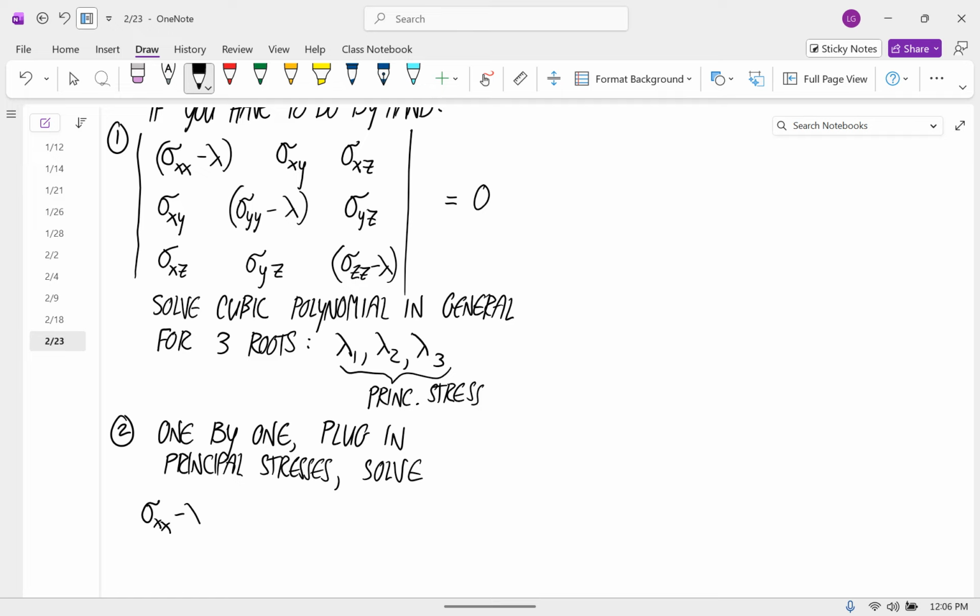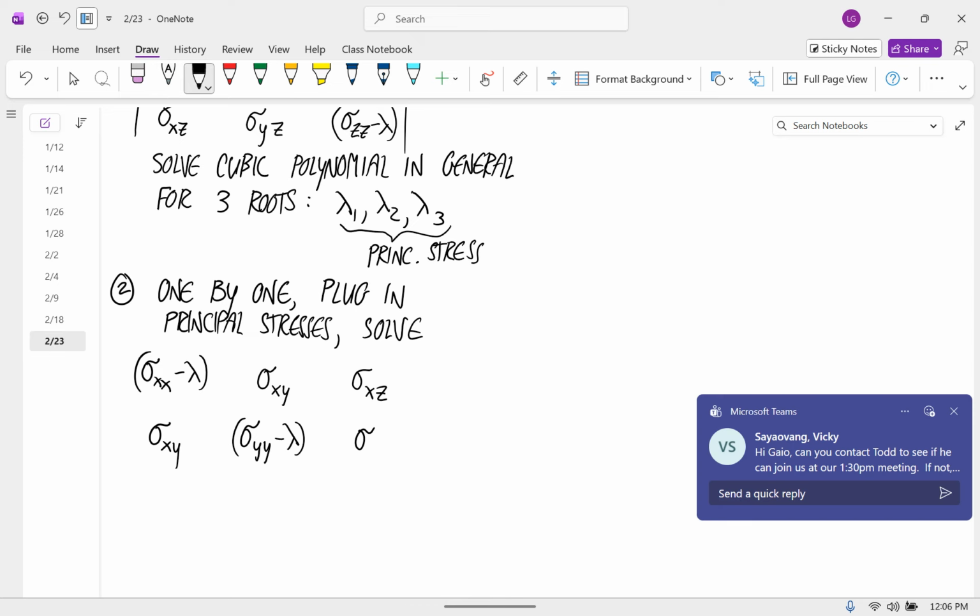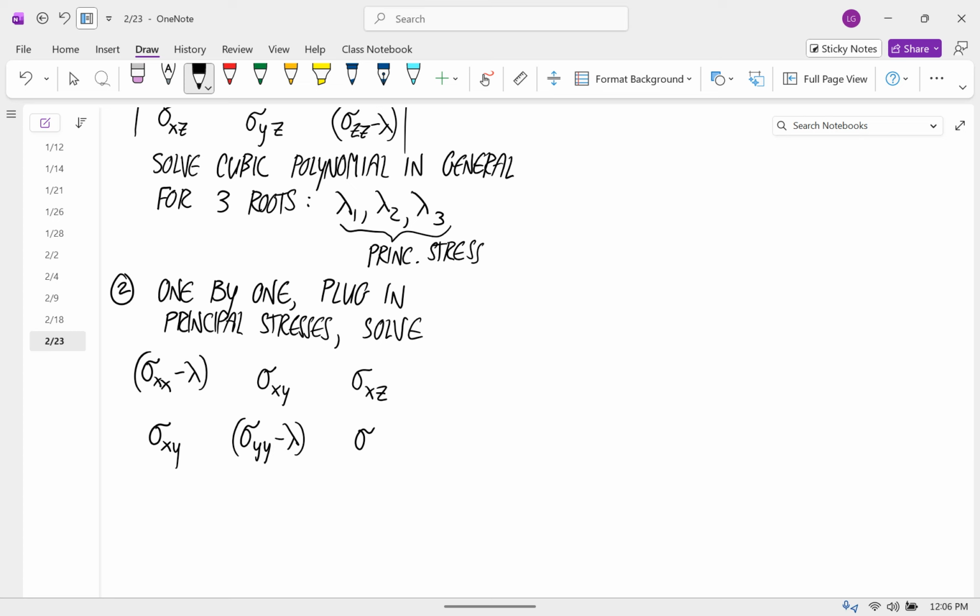We've got to write this thing again: sigma xx minus lambda, sigma xy, sigma xz, then sigma xy, sigma yy minus lambda, sigma yz, sigma xz, sigma yz, and then sigma zz minus lambda.